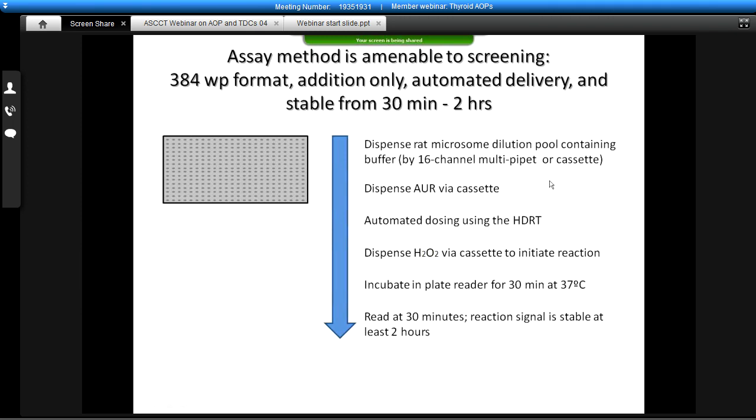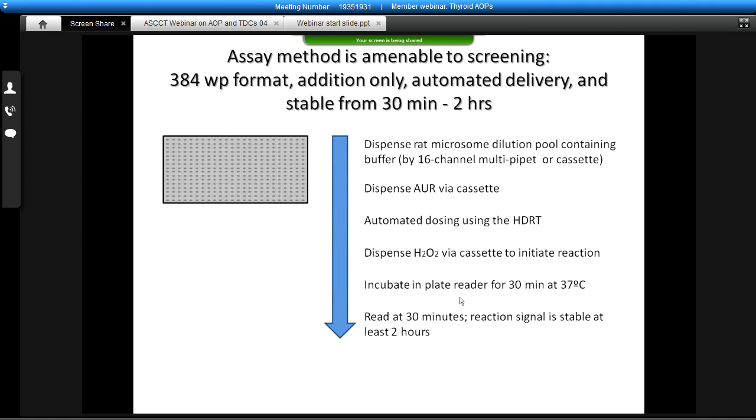So I dispense the rat microsome dilution pool containing buffer, and then I use liquid handling to dispense the Amplex Ultra Red. I dose these biochemical reactions using a high-density replicating tool just to automate the chemical administration. And then I dispense hydrogen peroxide to initiate the reaction using liquid handling.